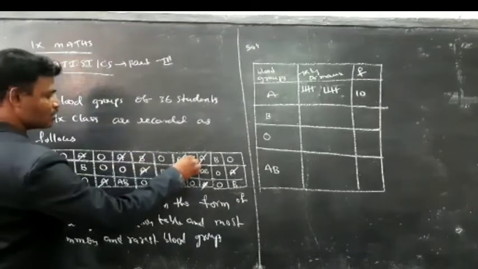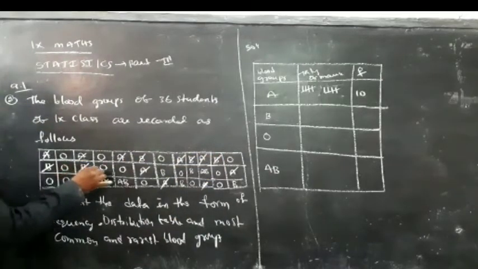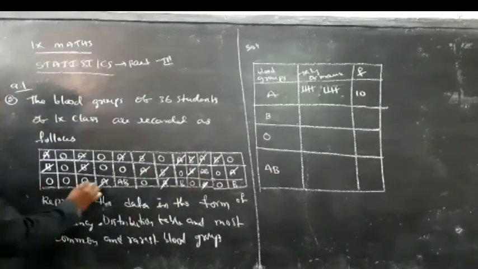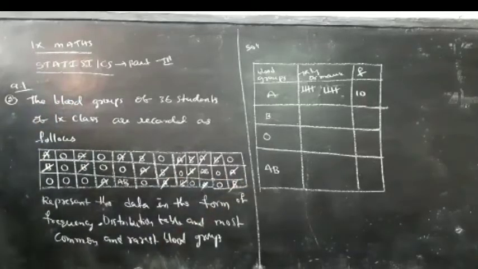Check the B blood group students. 1, 2, 3, 4, 5, 6, 7, 8 and 9. So 9 students have B blood group.